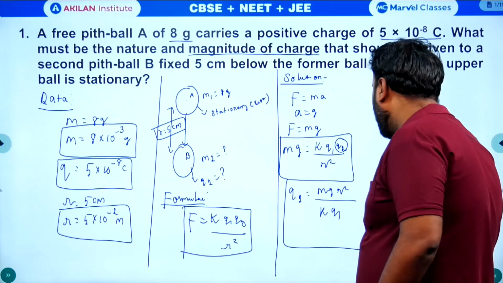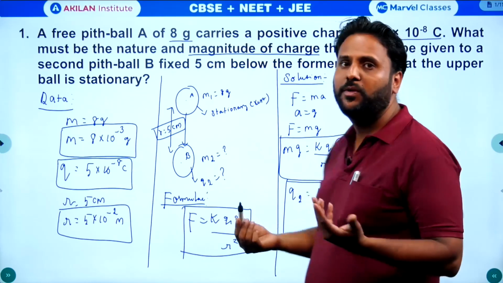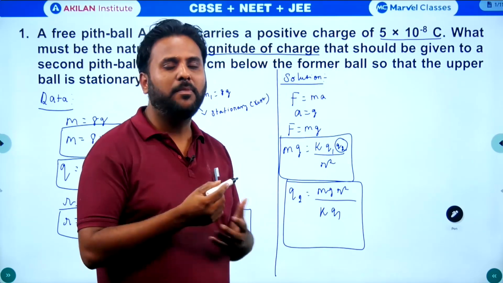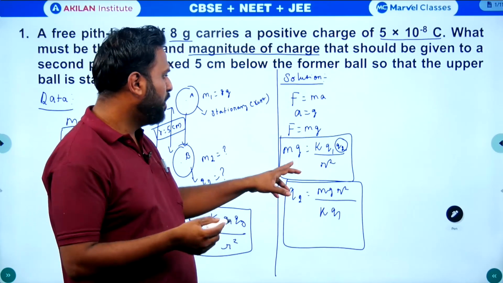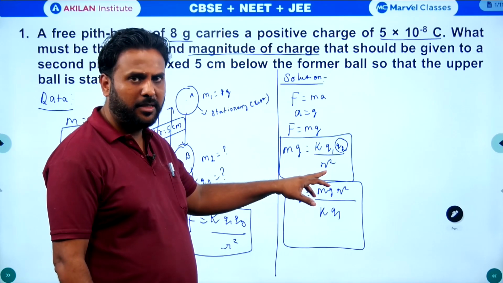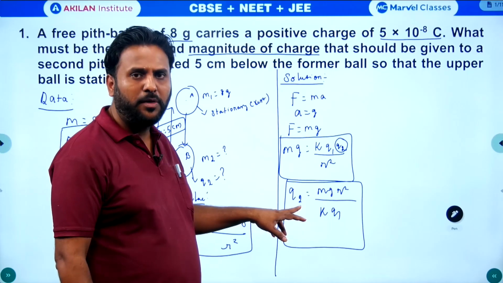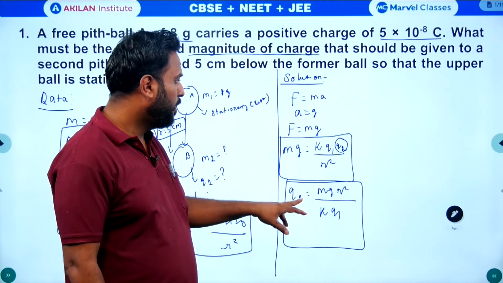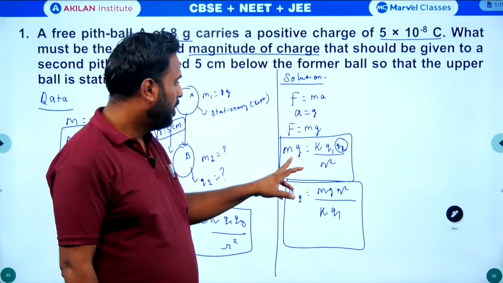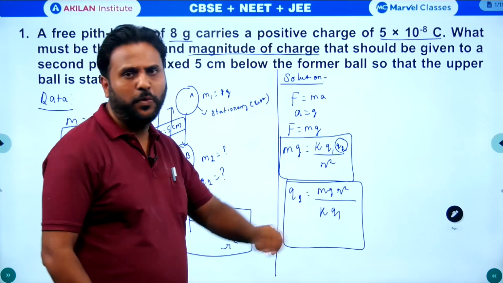From this formula I derived the Q2 charge of ball B. That is, mg equal to K Q1 Q2 by R square. We need to find the second charge, so Q2 is equal to, cross multiplying, mg R square by K into Q1.